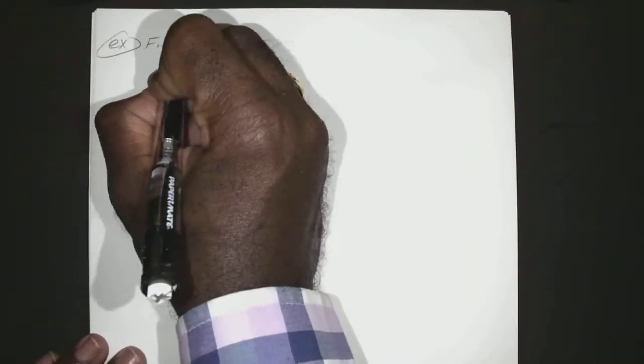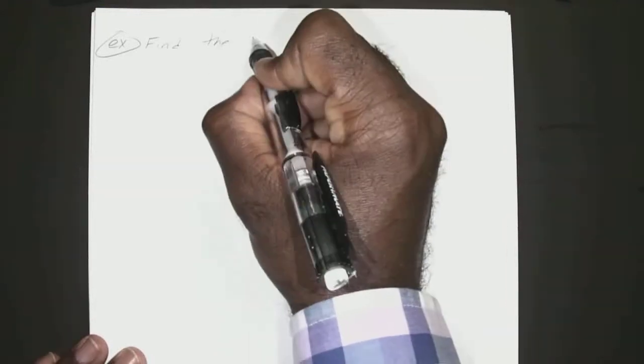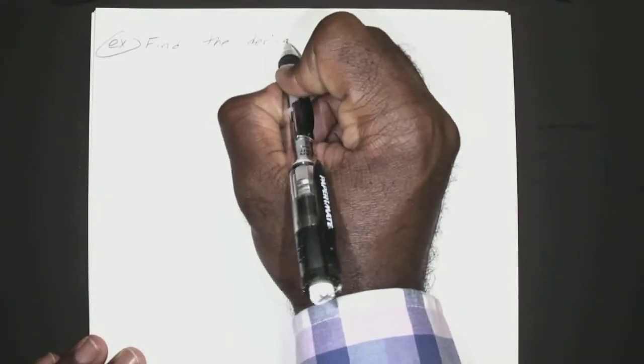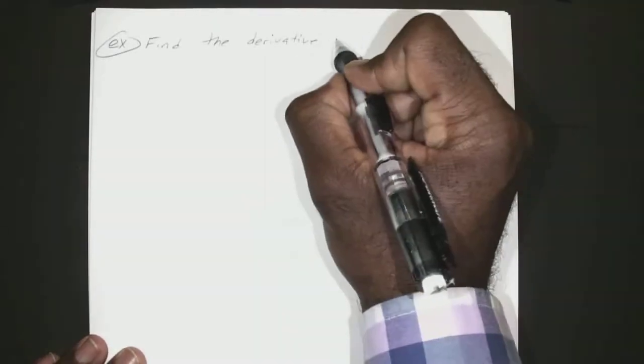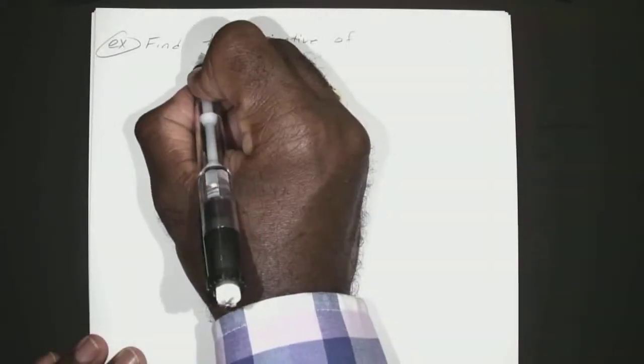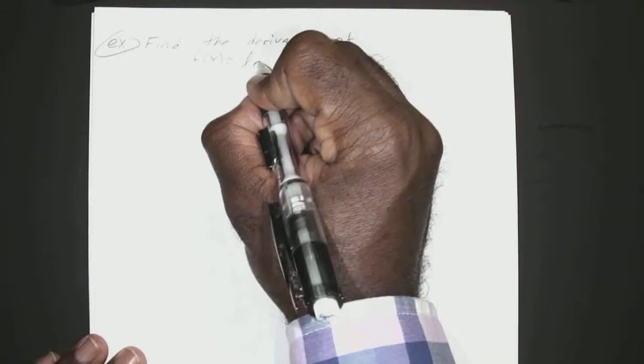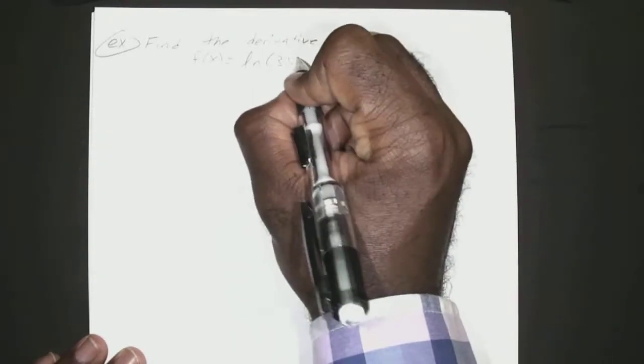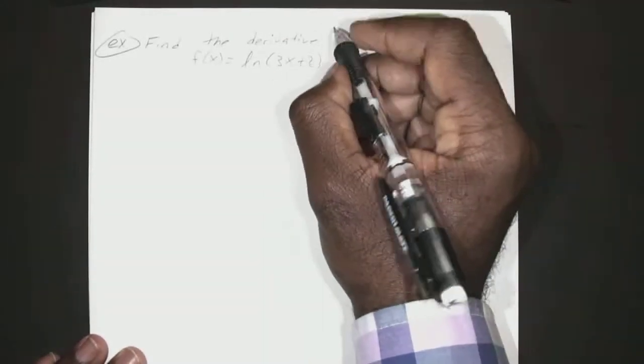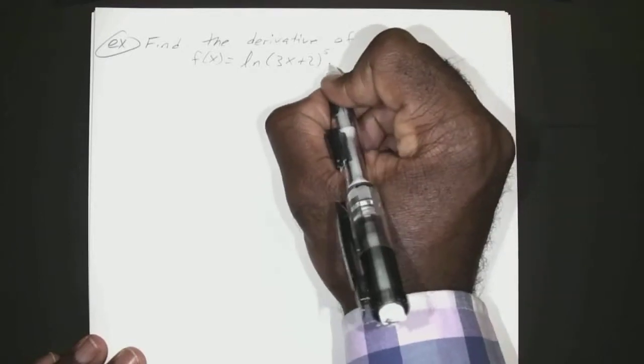Okay, so let's say, for example, you wanted to find the derivative of f of x equals the natural log of 3x plus 2 to the 5th power.